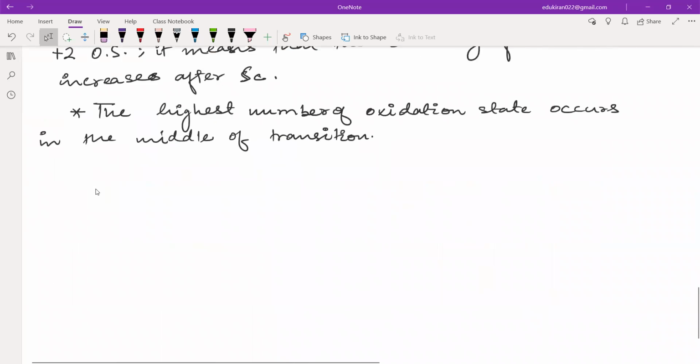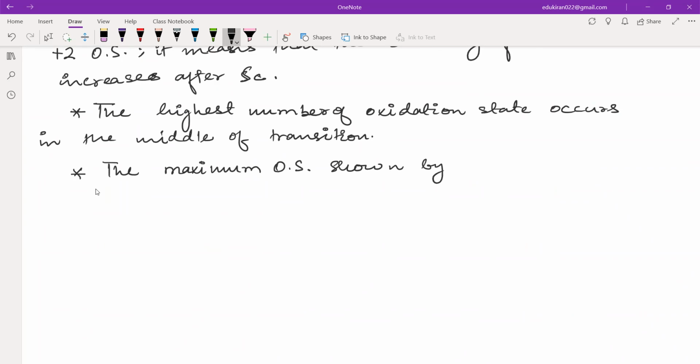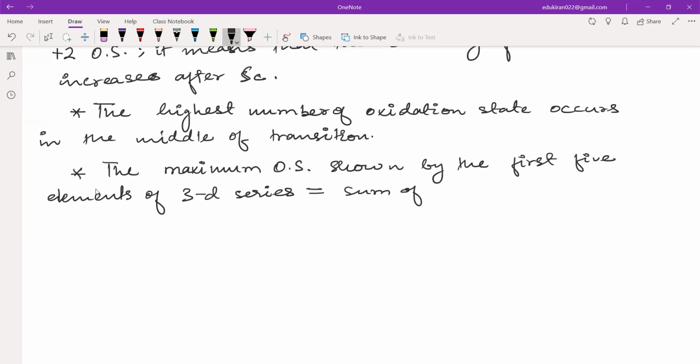So you can write another conclusion on the observation side: the maximum oxidation state shown by the first 5 elements of 3d series is equal to the sum of ns and (n-1)d electrons.